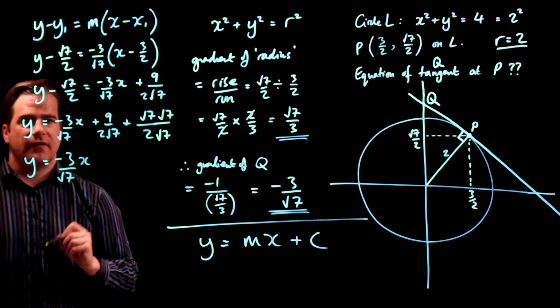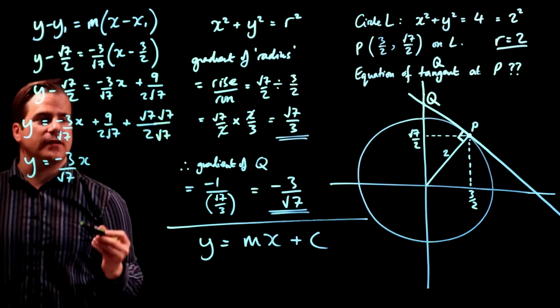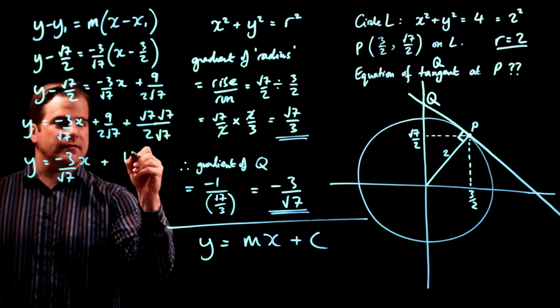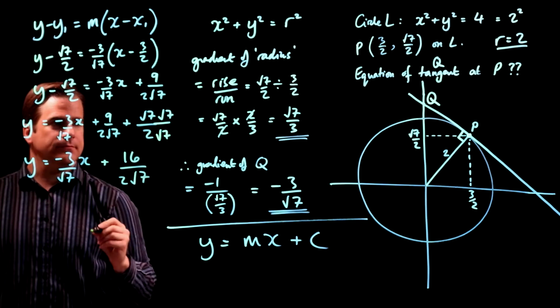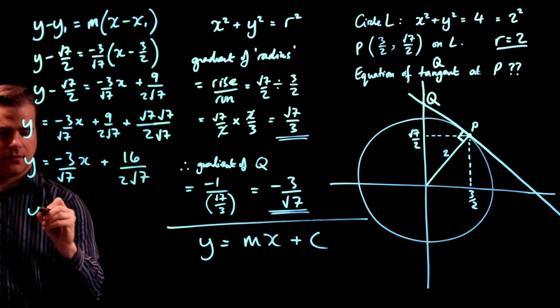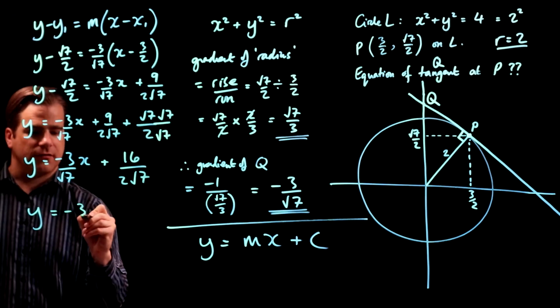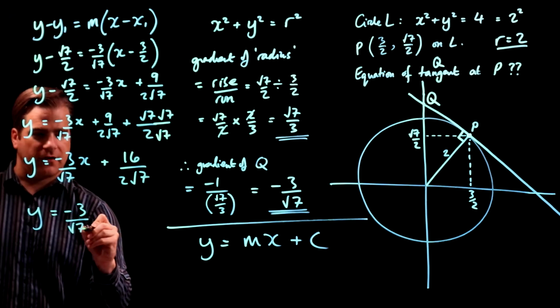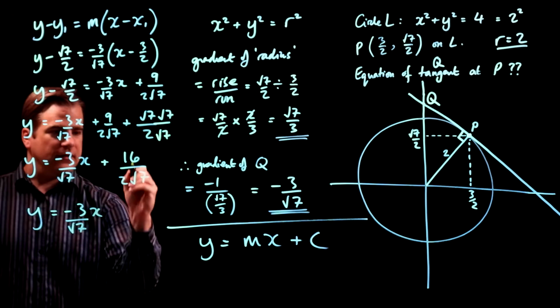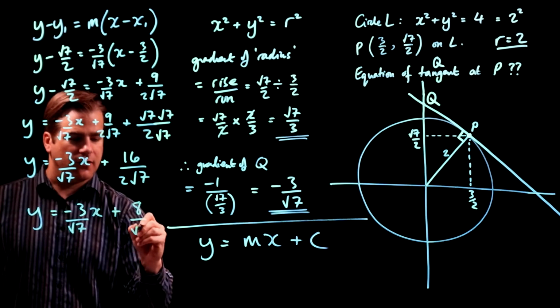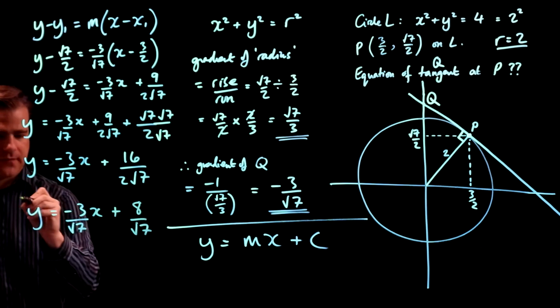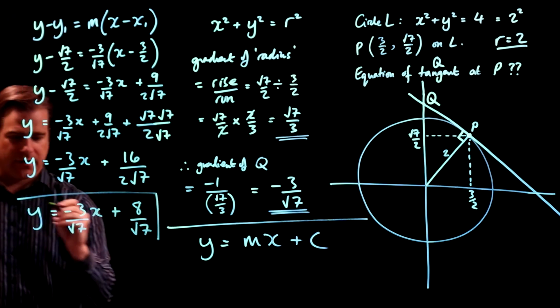Root 7 times root 7 is 7, so 7 plus 9 is 16 over 2 root 7. So y equals minus 3 over root 7 x, and 16 divided by 2 is 8, plus 8 over root 7. Finished. There we go.